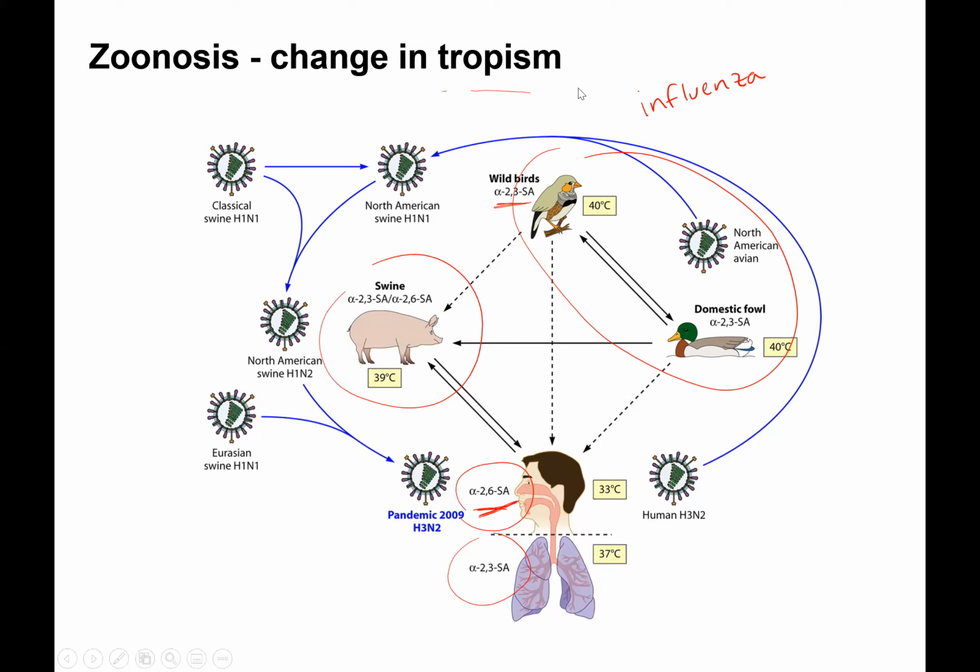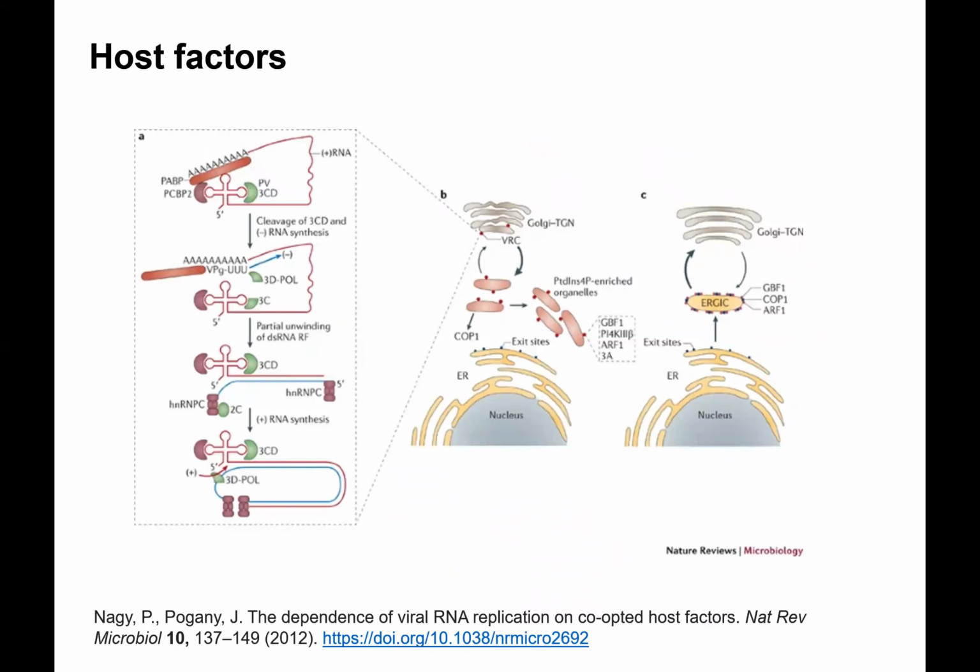So remember, even if you have the receptor, doesn't mean you can have a productive infection. That's where the host factors come in, and lots of the host factors that are required are involved in translation and transcription. And especially translation, because all these virus genomes need to be translated.